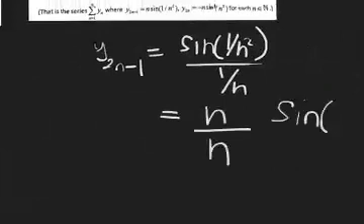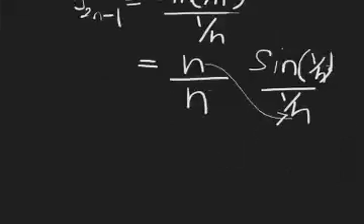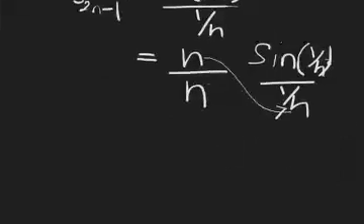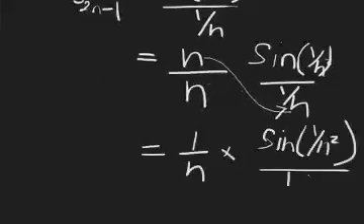Sine of 1 over n squared divided by 1 over n. So I take this n to the denominator, then this becomes 1 over n times sine of 1 over n squared divided by 1 over n squared.